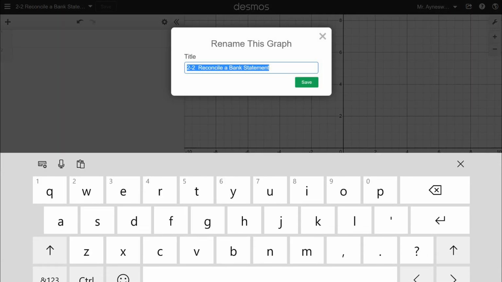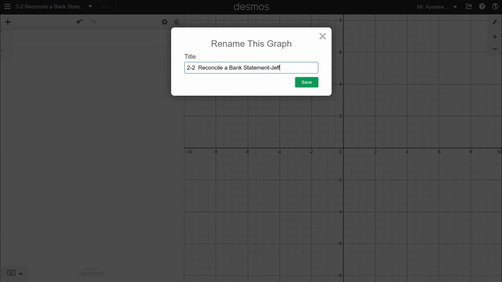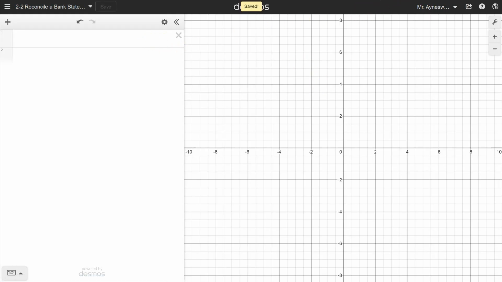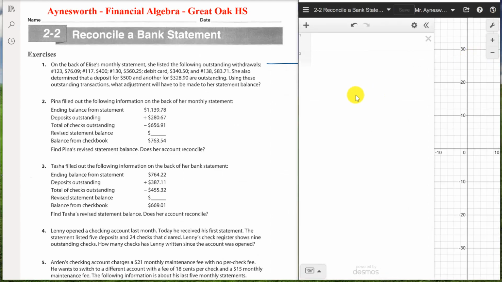Give it a title with the same name. Might as well put your name on there too. I didn't do that, but you should, because you're going to be submitting this, so I'm going to put my name in here. You put your name. Then save your work, and when you're done, you can print it off and submit it into Canvas.